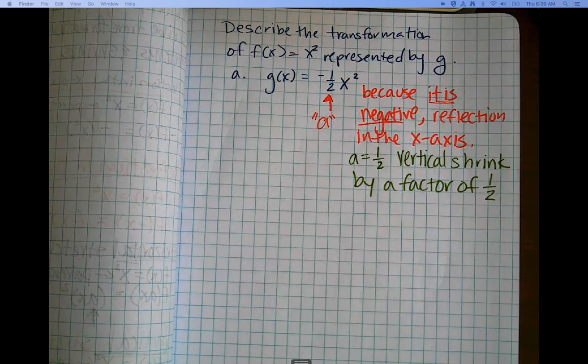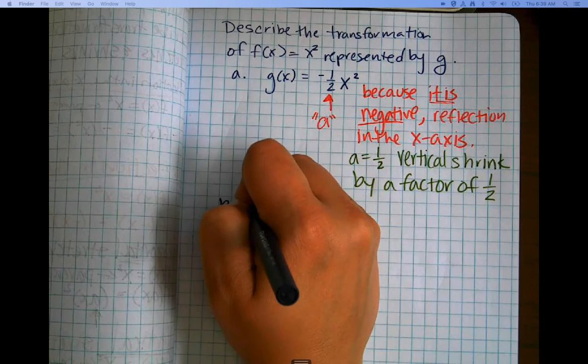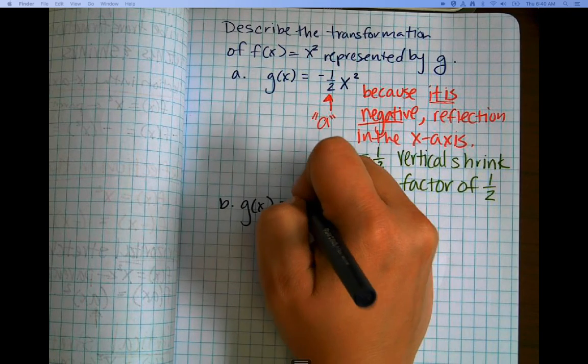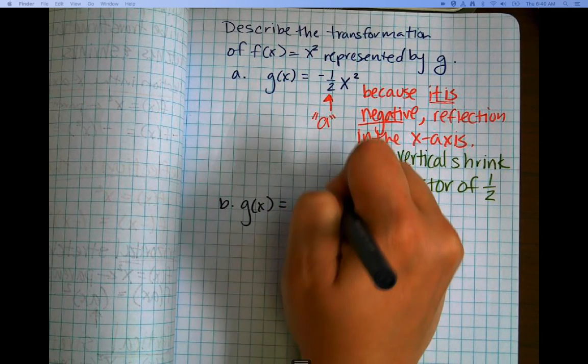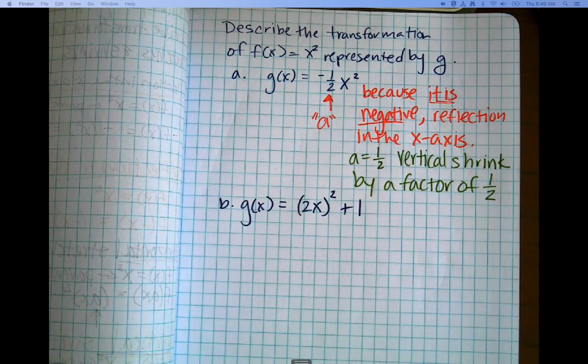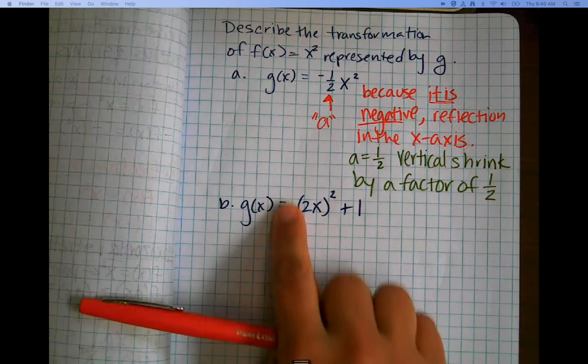The next equation says g of x equals 2x, the quantity squared, plus 1. Okay, so think about what's happening. Now, this has more than just a multiplier here by the x.